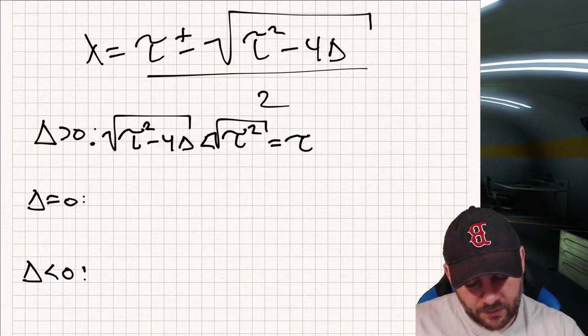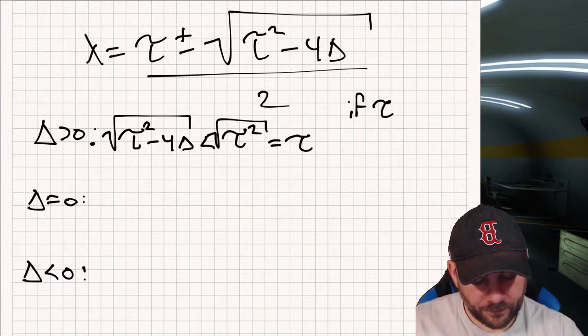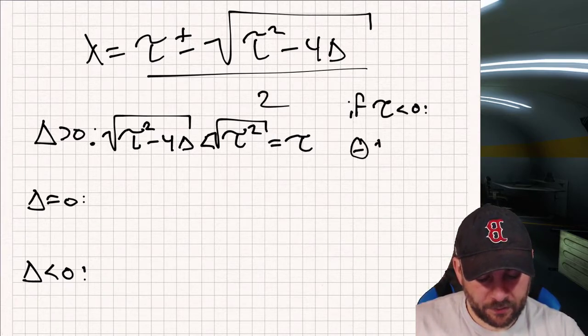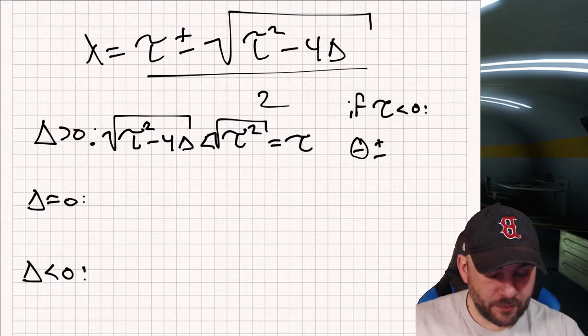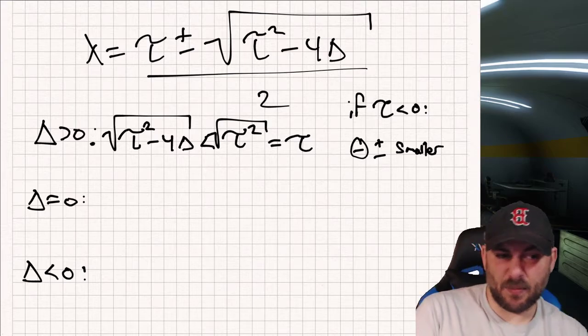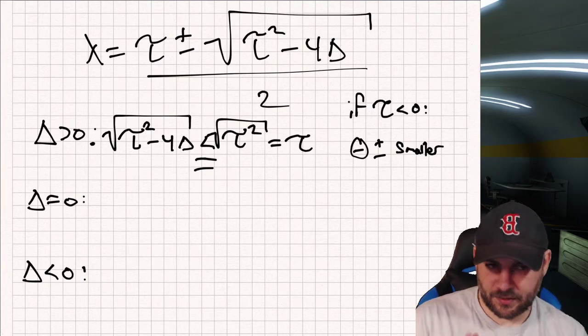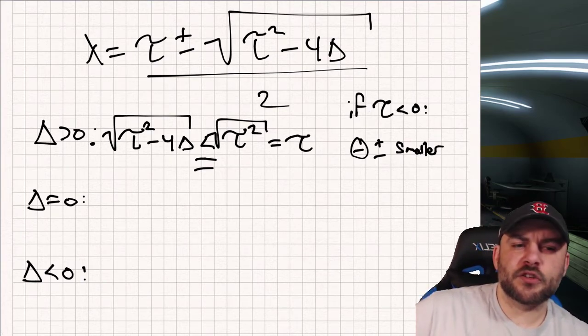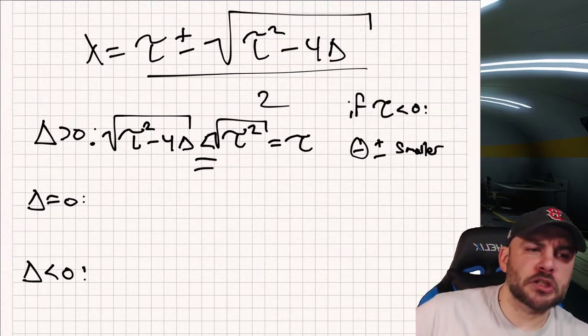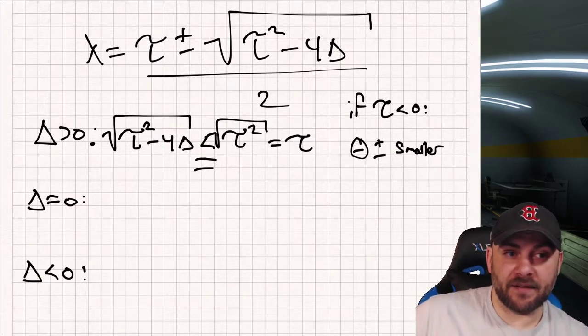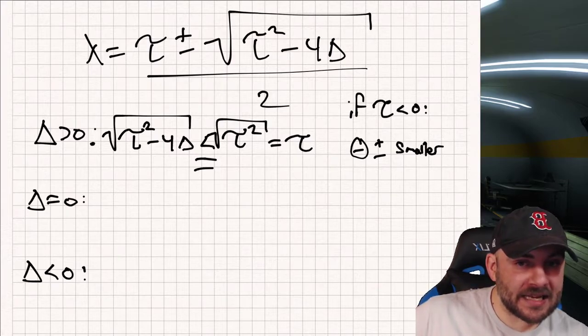So now if tau were a negative number, then I'd have a negative number plus or minus another number which is smaller than it. Something like -3 plus or minus 2. They're both negative, and that will always be the case.